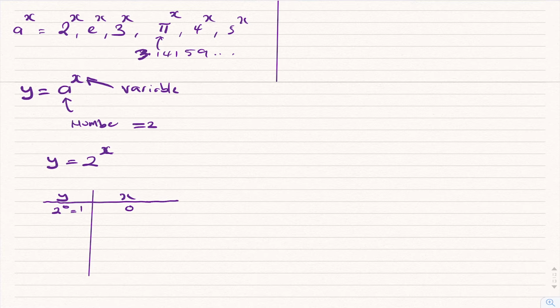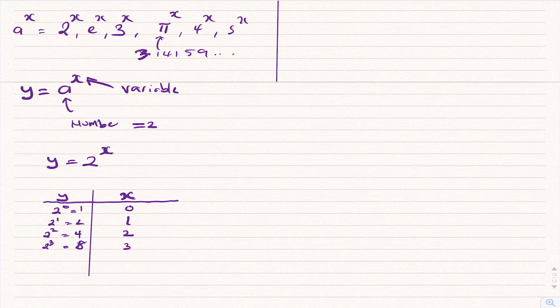Next, when x is 1, can you see now we're varying the value of x to get y? That'll be 2 to the power of 1, which is 2. When x is 2, that'll be 2 to the power of 2, which is 4. When x is 3, that'll be 2 to the power of 3, which is 8. So that's what we meant by a variable.